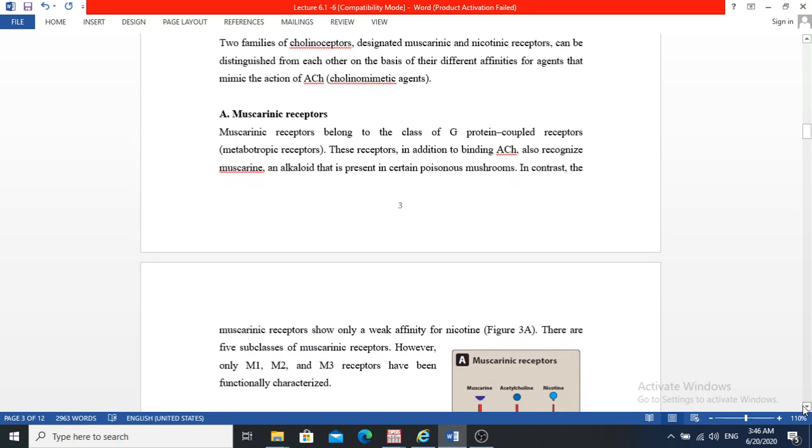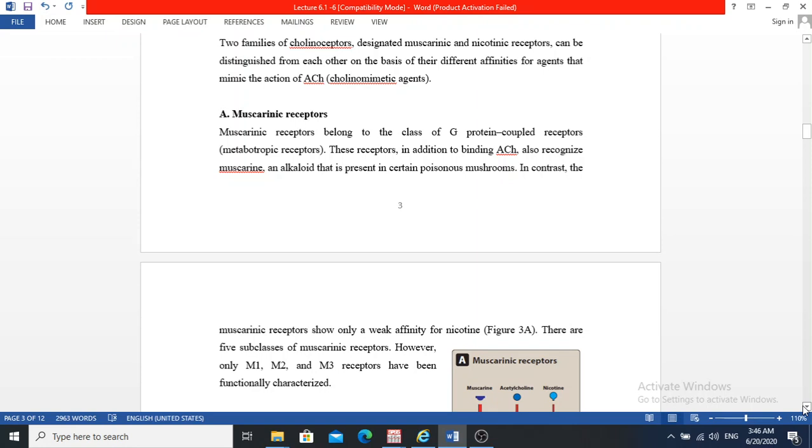Muscarinic receptors belong to the class of G protein-coupled receptors, metabotropic receptors.